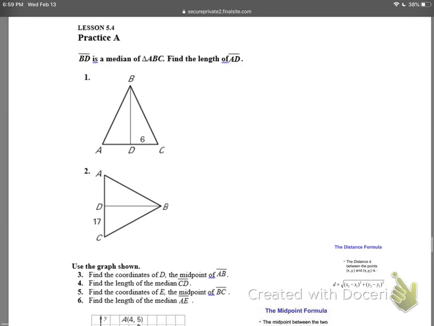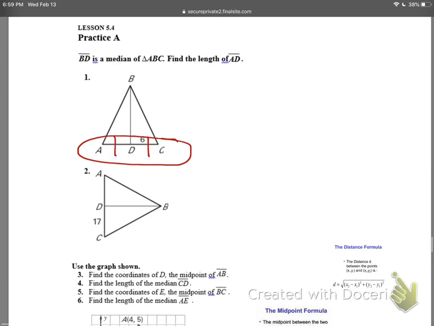Okay, these two problems should be very simple. If you know that BD is the median of triangle ABC, you know that a median cuts the segment that it's going into in half. So if the segment that the median's drawn to is AC, and it's acting as a median, then I know these two pieces are equal, and you should be able to figure out what's missing for AD.